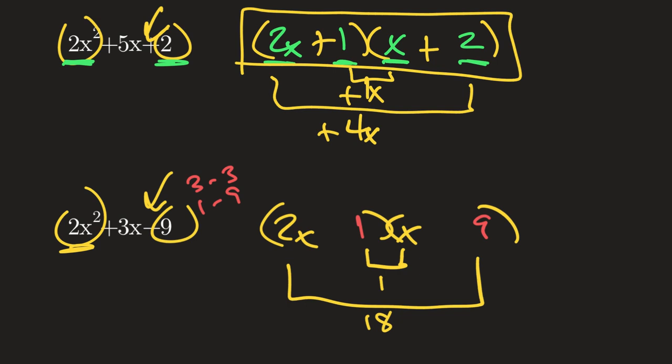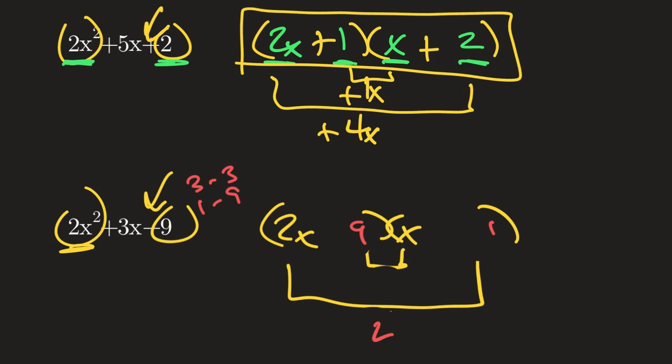So what you'd have to do is grab an eraser. We're going to try something different. Now, if you wanted to, we could go 9 and 1, instead of 1 and 9. Take a look here. What's your outside product? What does 2 times 1 give us? 2.